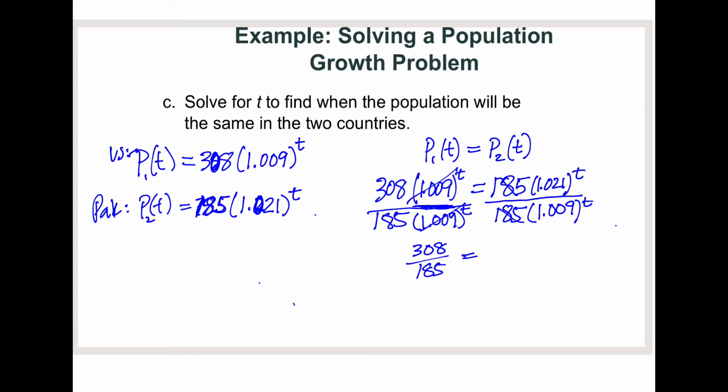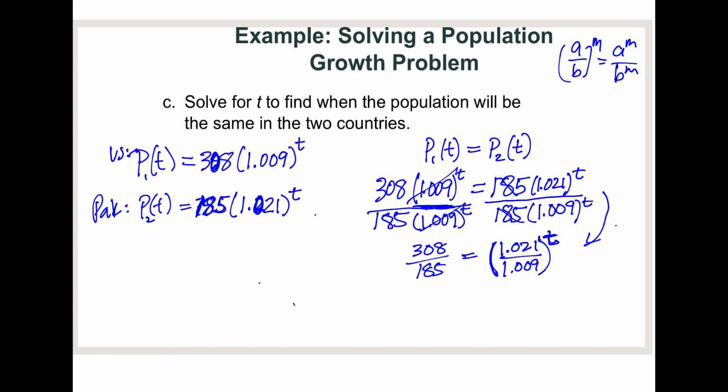And then on the other side, I can write them as one fraction, 1.021 over 1.009, both raised to the t power. And we know that because a over b to the m power is equal to both of these raised to the same power on top and bottom. So we just did that in reverse here, wrote it as one power.